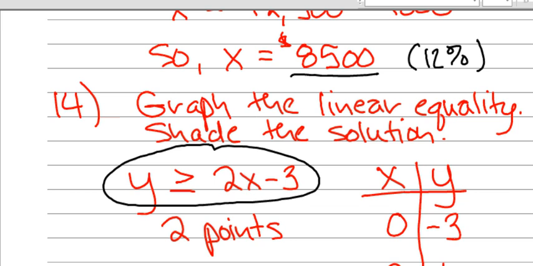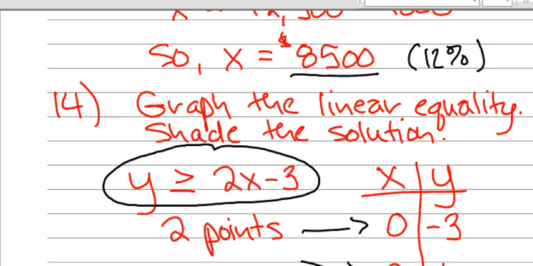I picked 0, -3, always make it easy. 0 is always easy to use, so like I said, I use 0, -3, and 2, 1. Make your x's small, like use 1 or 0 or -1, 2. So those are my 2 points I'm using, 0, -3, and 2, 1.